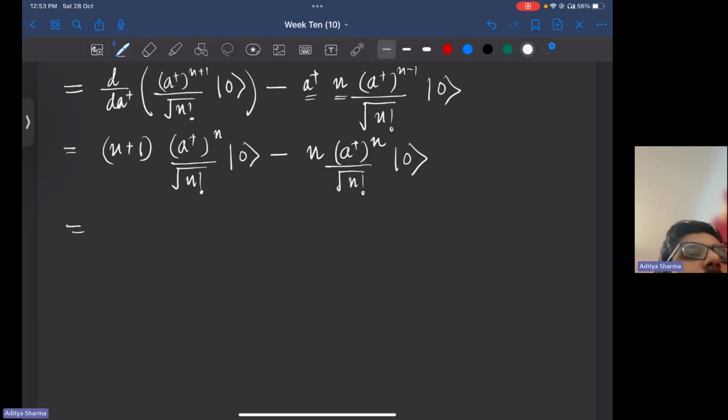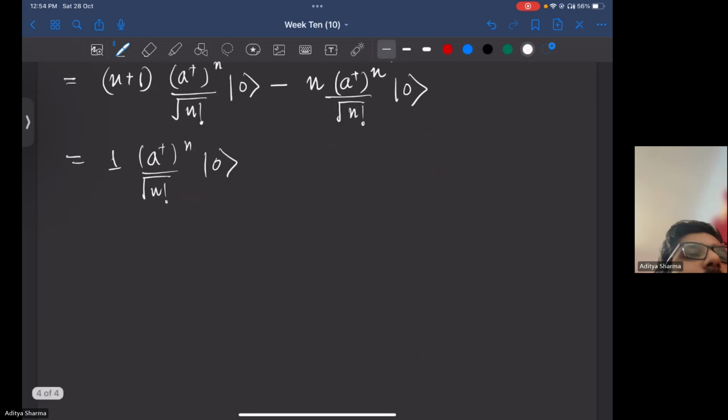So you can see that we have got this whole term, which is the same. And this is just n plus 1 minus n times this thing. So we have got 1 times n plus 1 minus n, which is 1. Which completes our proof.